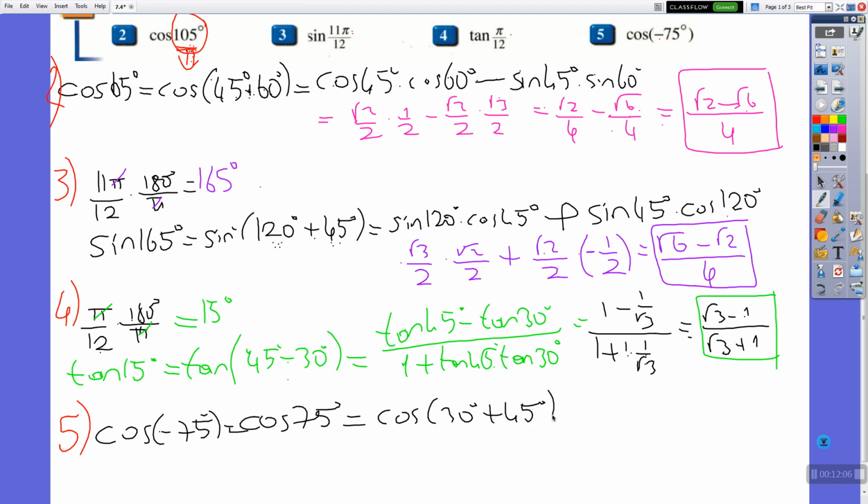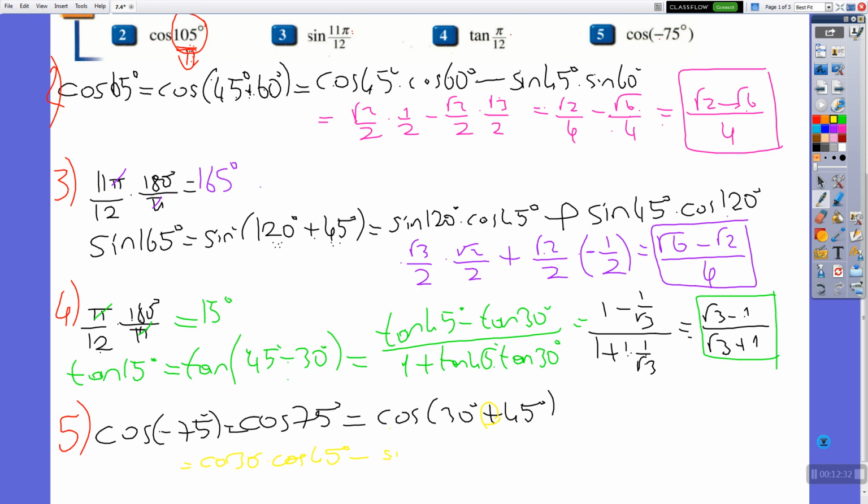So let's apply the identity. It's going to be cosines together, cosine 30 times cosine 45. The operation is addition here, so in the expansion it's going to be subtraction since it's cosine.